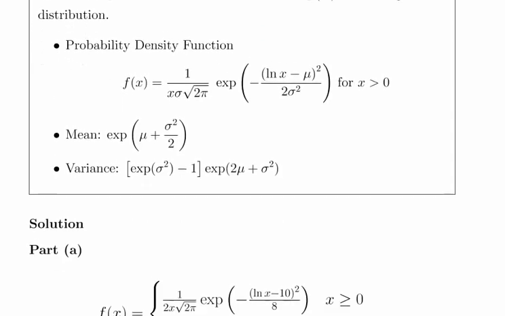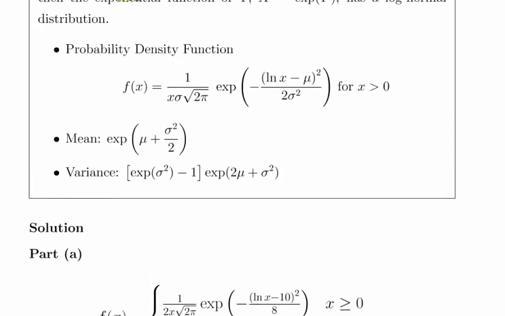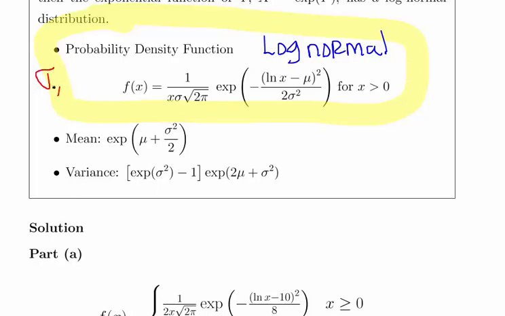There are a couple of other definitions there, but for this one, what we need is the mean. What we have to do is write out the PDF of the log normal distribution. It's not entirely different in form from the normal distribution. The key parameters are mu and sigma.